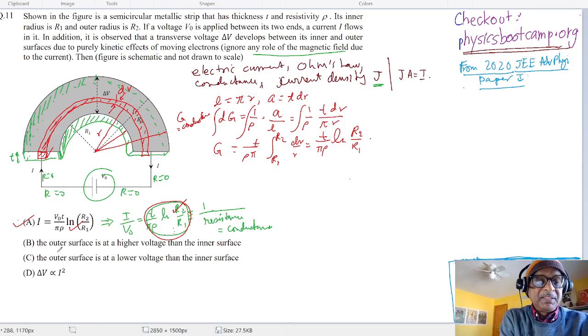Now B and C ask whether this side or that side is positive. B says this edge is positive and the other edge is negative. C says the outer edge is at lower voltage, so this is negative and this side is positive.